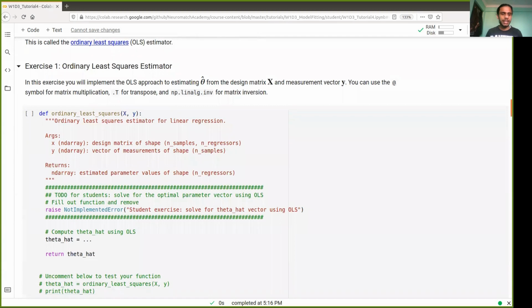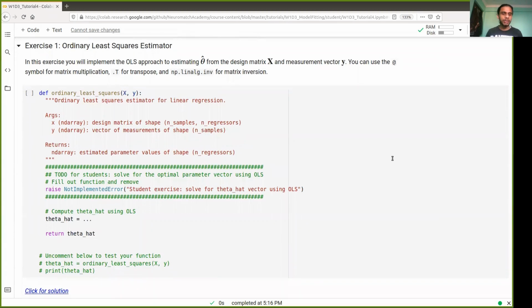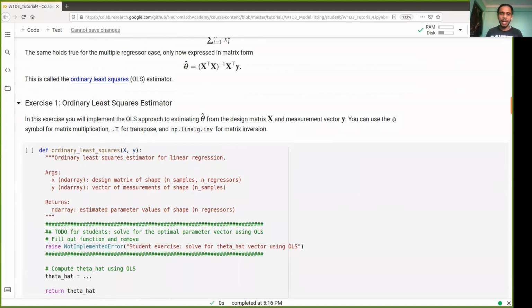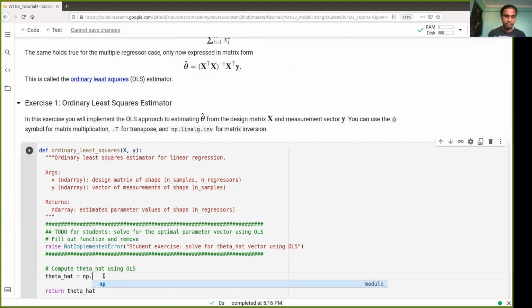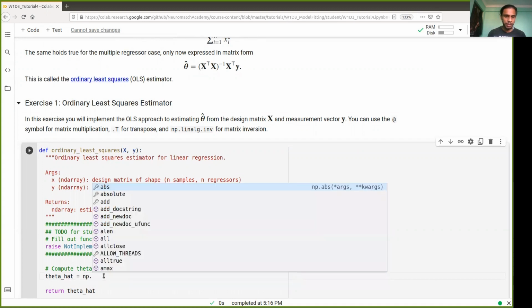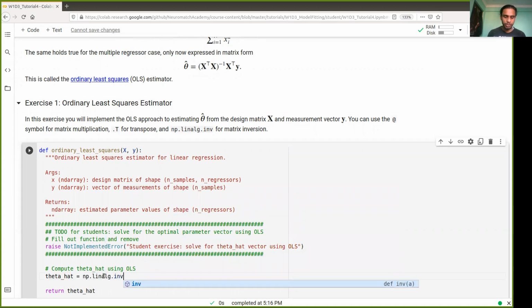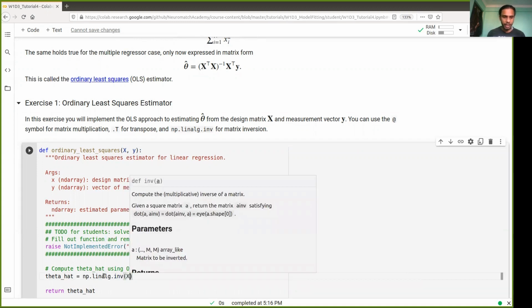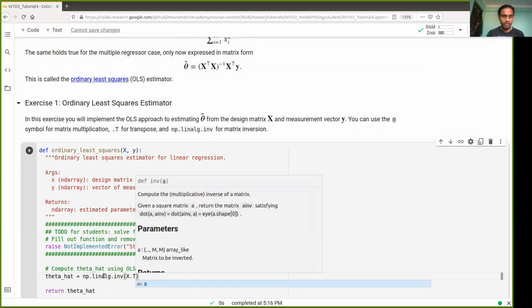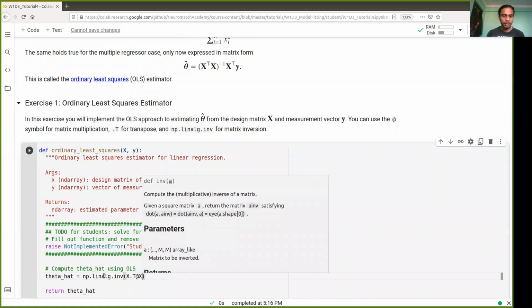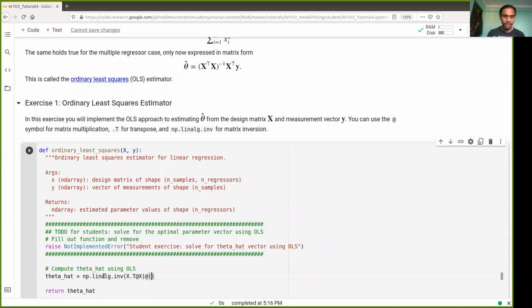Now let's code these things, right? We will use the NumPy library to calculate the inverse and other matrix-related operations. So np.linalg, we have the linear algebra module, and we have the inverse function over there, and we will pass X.T, which represents the transpose of X, and @ represents matrix multiplication, which is multiplied with X, and which is again in turn multiplied with X.T y.